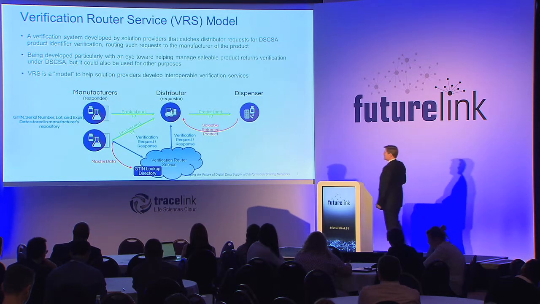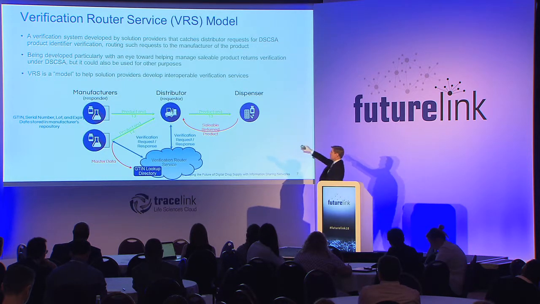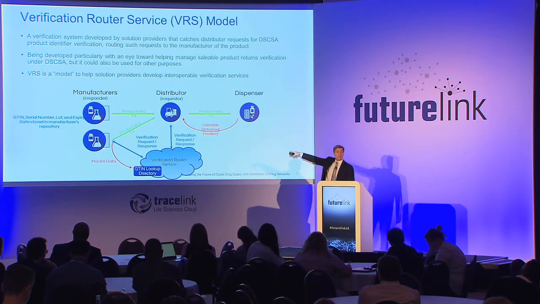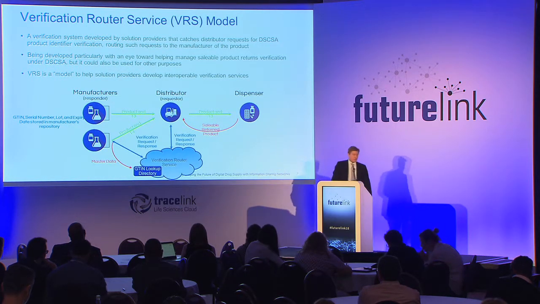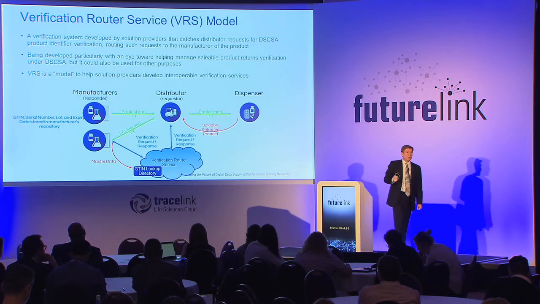What the distributor does, because they get products from lots of manufacturers, is they need to route that verification request to manufacturer B, the one that they bought it from, that owns the product. So they send a verification request into the verification router service.